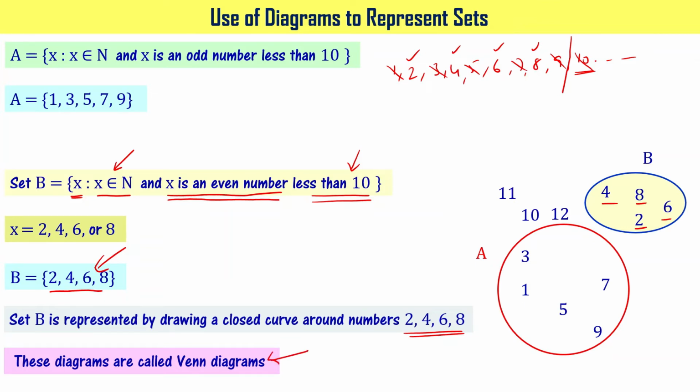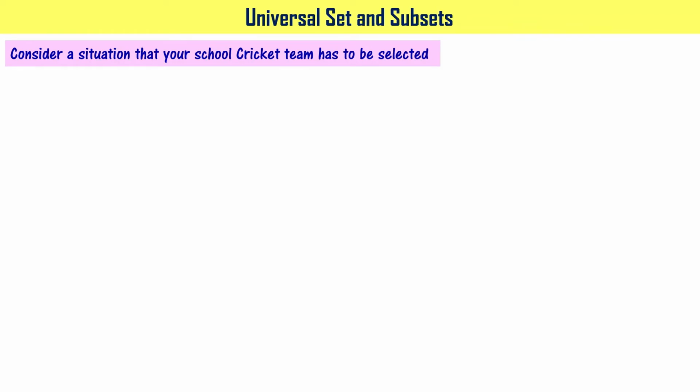Understood? Now let us understand about universal set and subsets. Let us consider a situation that your school cricket team has to be selected. Let's say that your school has a total of 500 students.